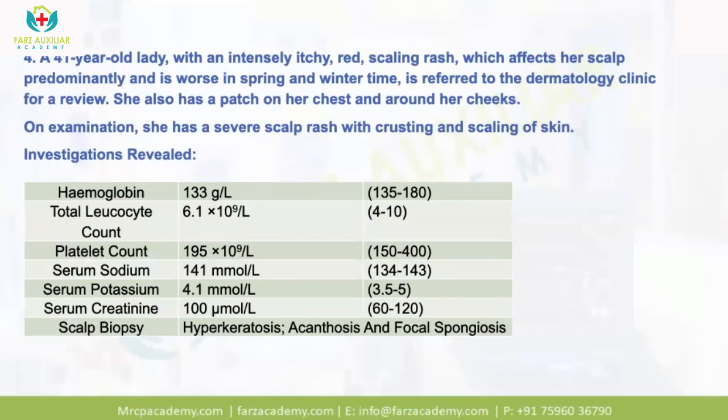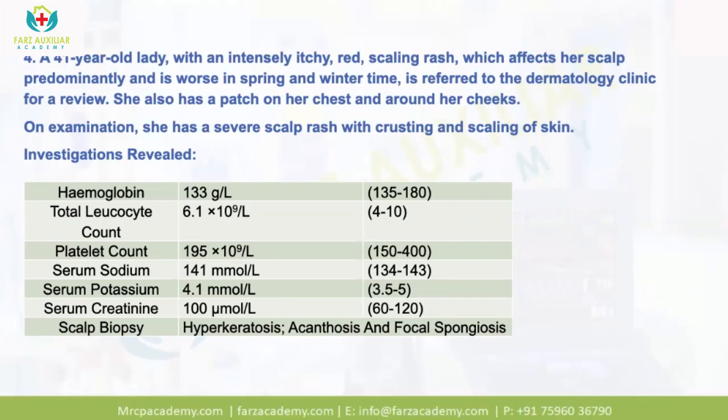So next patient, we have a 41-year-old lady with an intensely itchy red scaling rash, which affects her scalp predominantly and is worse in spring and winter time, and she is referred to the dermatology clinic for a review. She also had a patch on her chest and around her cheek. On examination, severe scalp rash with crusting and scaling of skin.